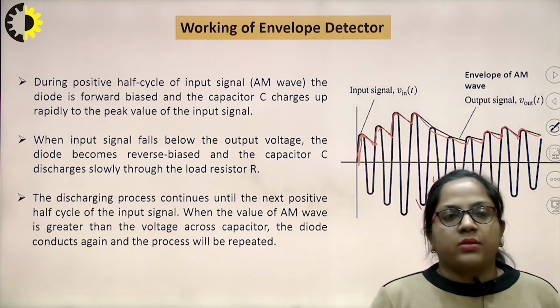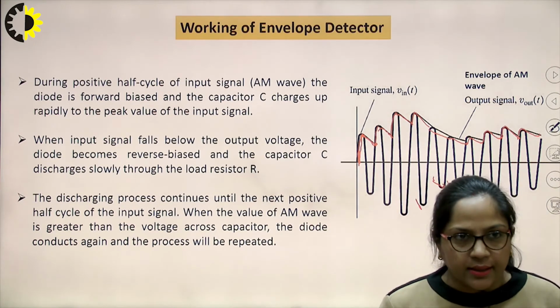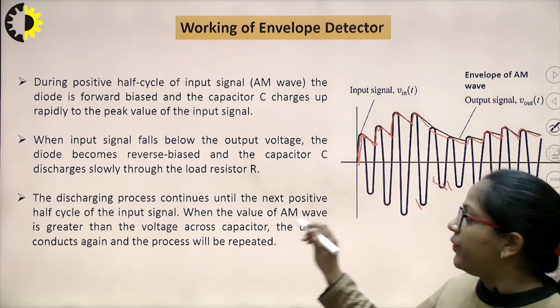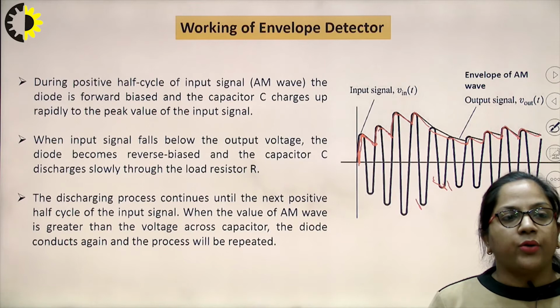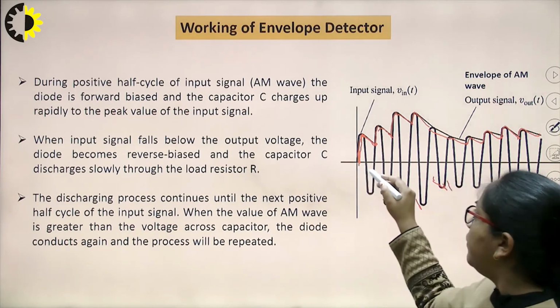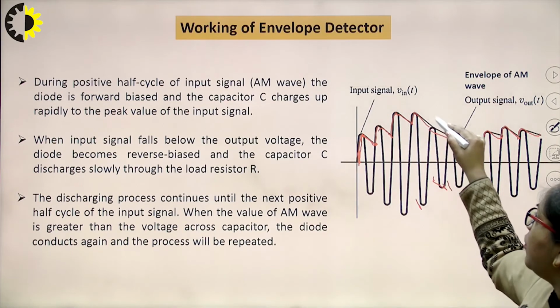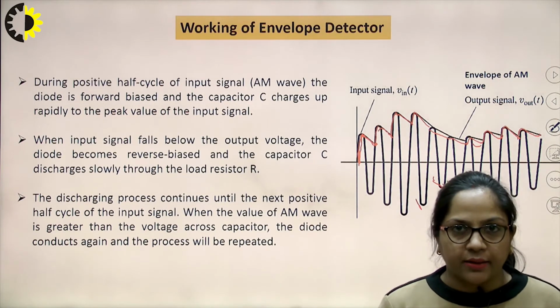The discharging process continues until the next positive half cycle of the input signal. When the value of AM wave is greater than the voltage across the capacitor, the diode conducts again and the process will be repeated and we will get the shape of the envelope at the output of envelope detector.